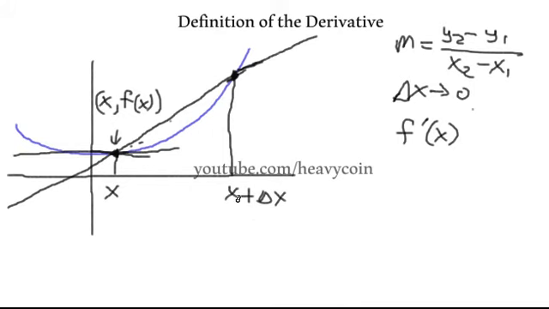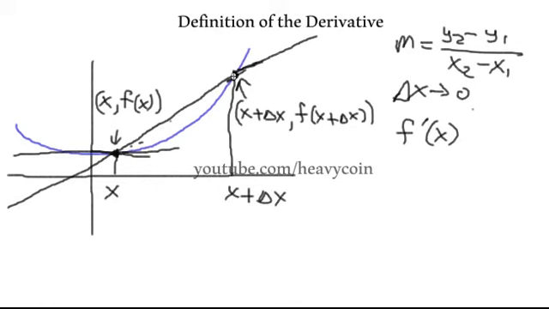Okay, so we have our first coordinate and then our second coordinate. This point right here has coordinates x plus delta x, and then f of x plus delta x.